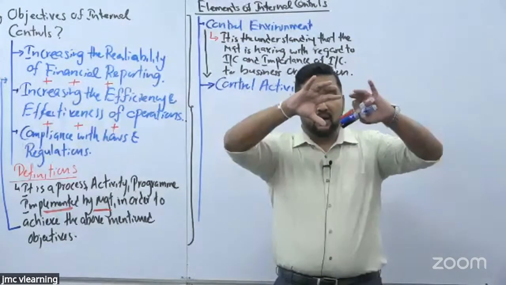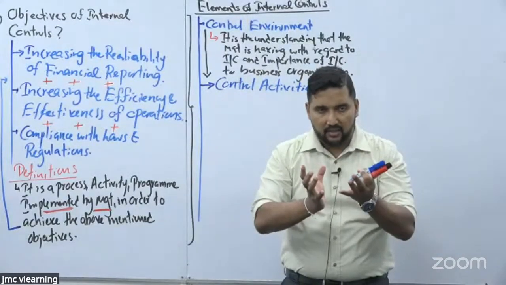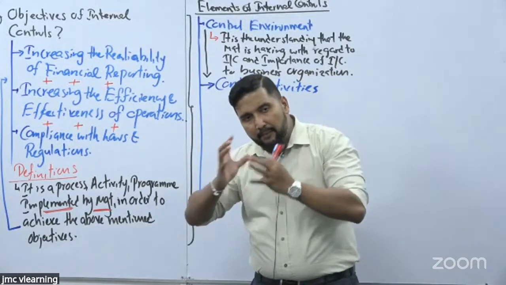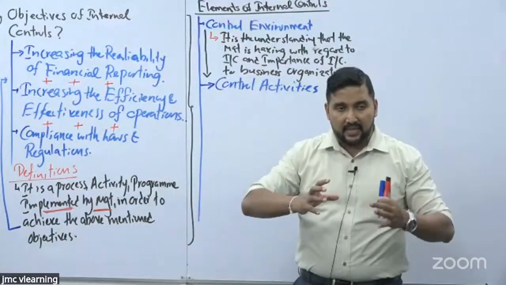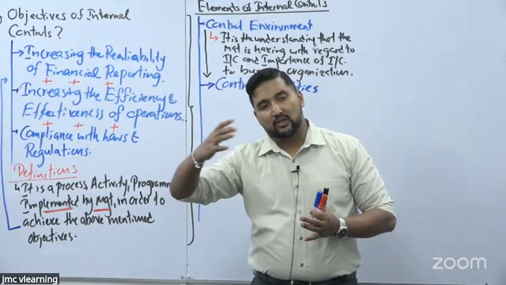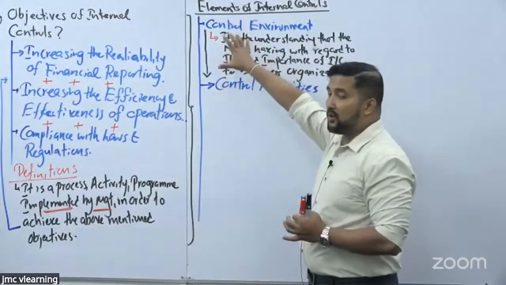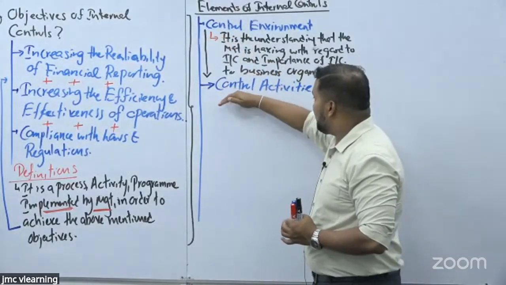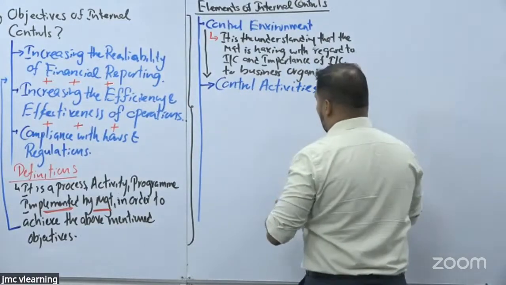So control environment is a broader picture, whereas control activity is a subpart of it. Clear? Okay, control activities are the action steps implemented by the board of directors or the management to achieve the overall objectives of the control environment. That is what you referred as what? Control activities, right?